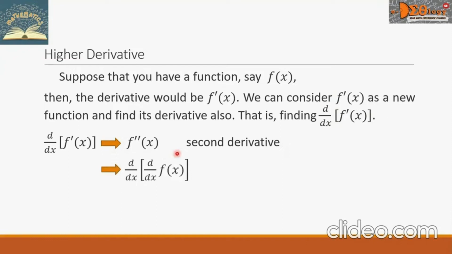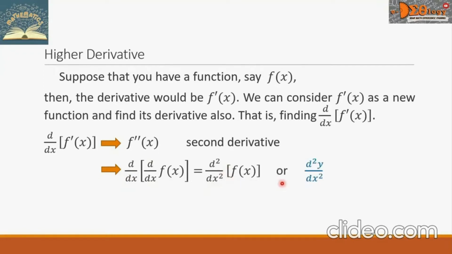We can show also that the second derivative is d over dx of d over dx of f of x. And simplifying this, we may show d square over dx square of f of x.